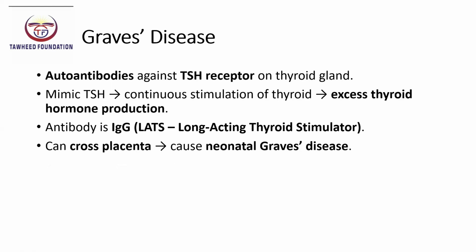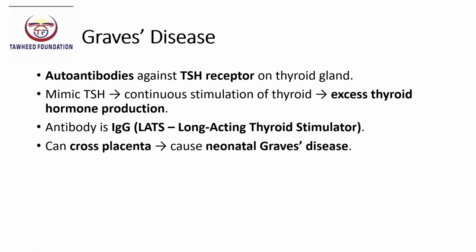Next is Graves' disease. In Graves' disease, autoantibodies target the thyroid stimulating hormone, that is TSH receptor. These antibodies, known as LATS, long acting thyroid stimulator, mimic TSH and continuously stimulate the thyroid gland, leading to excessive thyroid hormone production, that is hyperthyroidism.